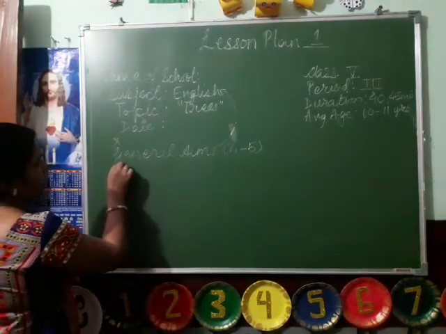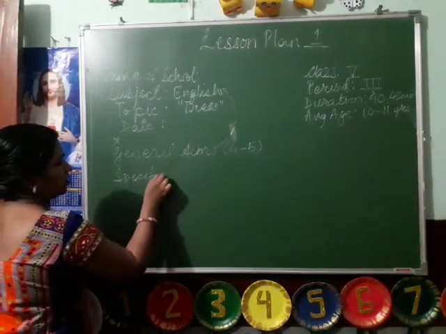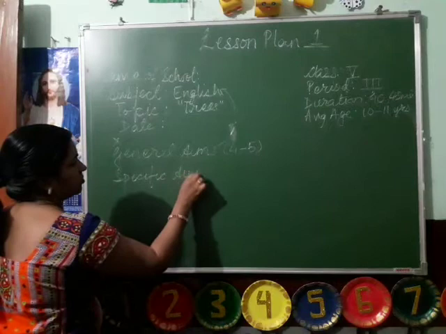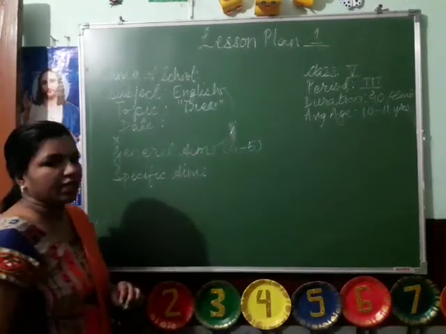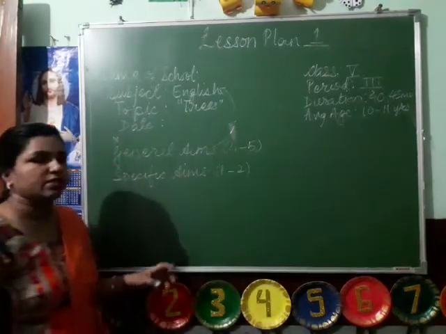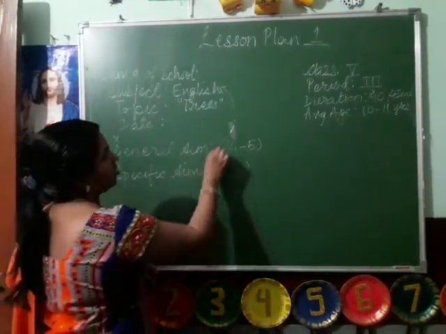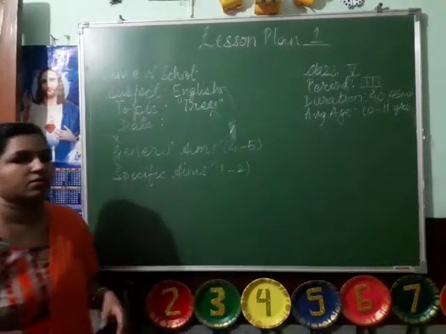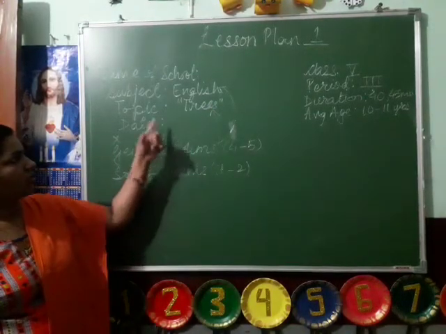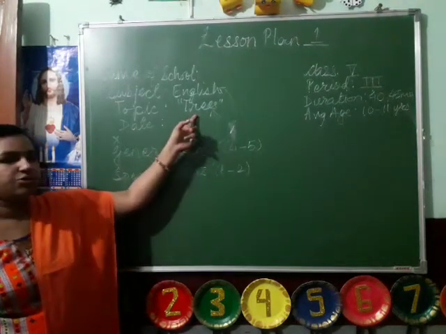Below this you have to leave a line, and then comes the specific aim. Specific aims are generally 1 or 2. In most of the cases it is only 1. Specific aim is your topic related. What is the aim of teaching this topic? Suppose we are taking trees.